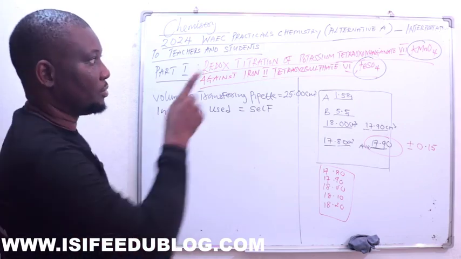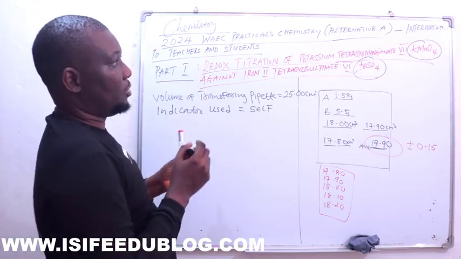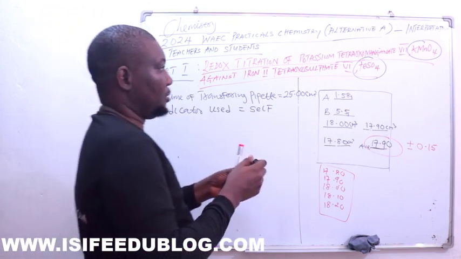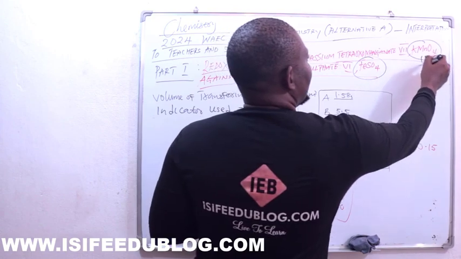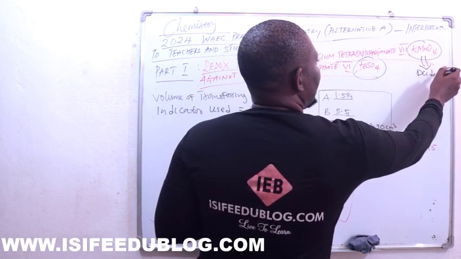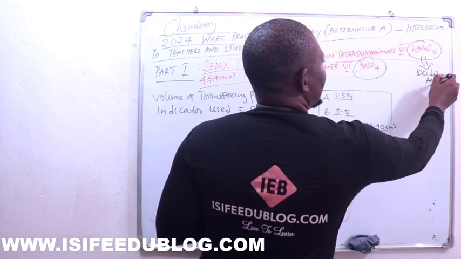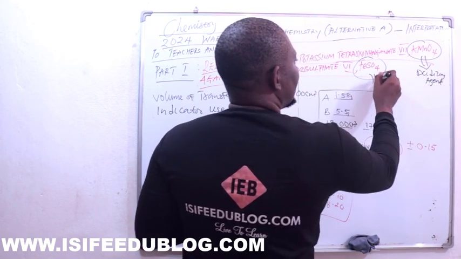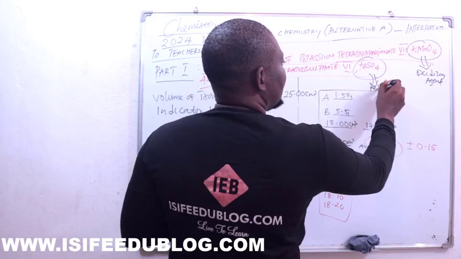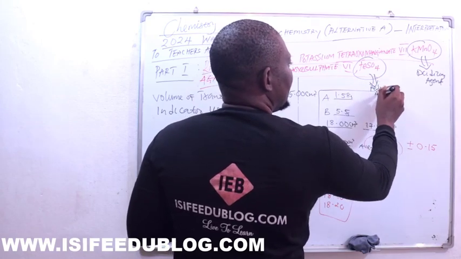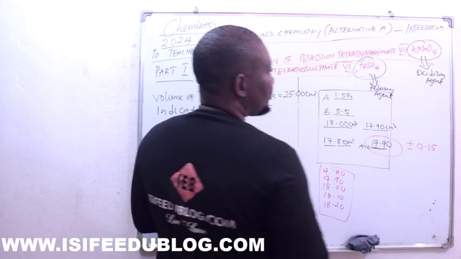Okay, now, so this is it. Because it's a redox titration, this is the oxidizing agent and this is the reducing agent.